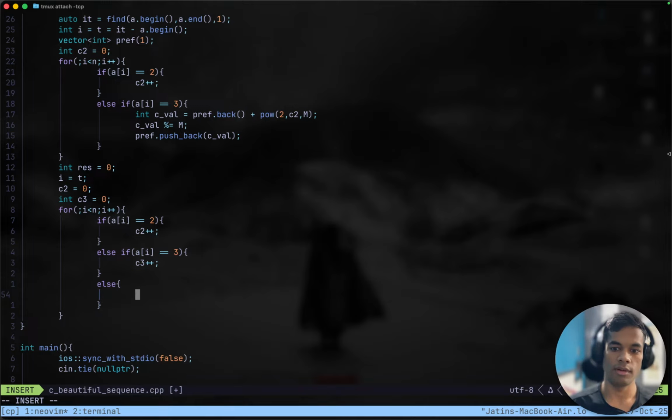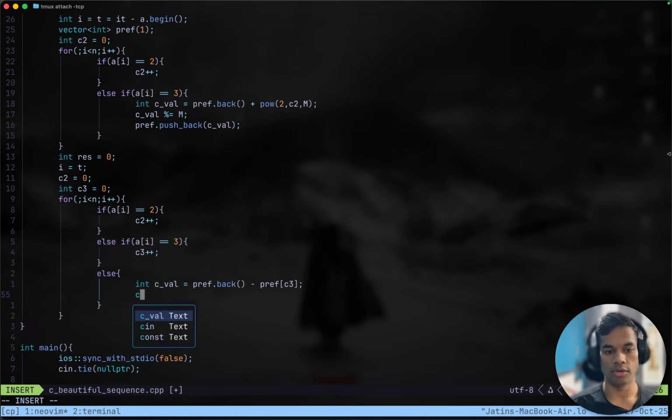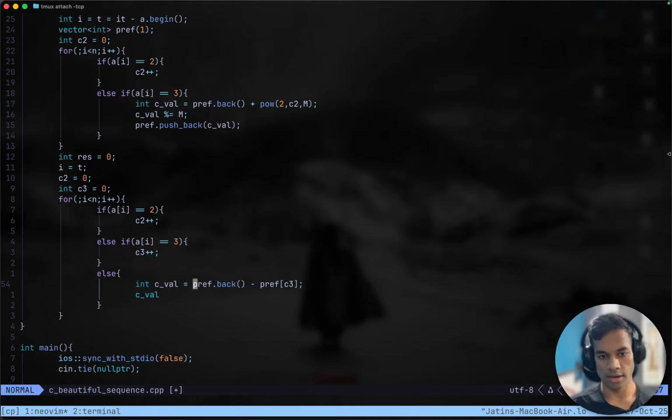In that case, we will try to find out the answer, which would be integer c value. Let's say prefix dot back, the last value in the prefix, minus the current value, which is just c3, index of c3. And after this, c value, and this number is within range and this number is within range, so we are just subtracting two small numbers.